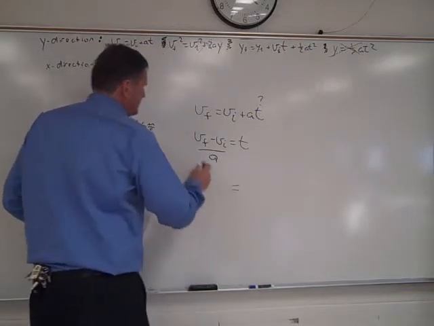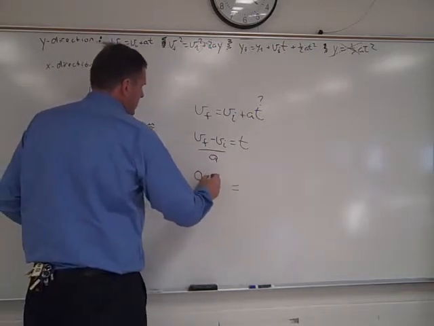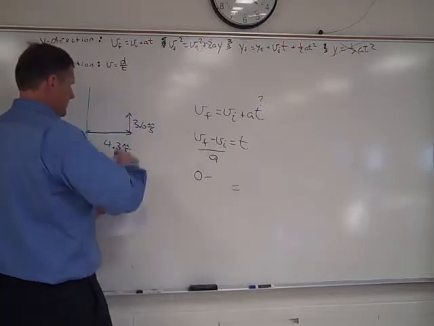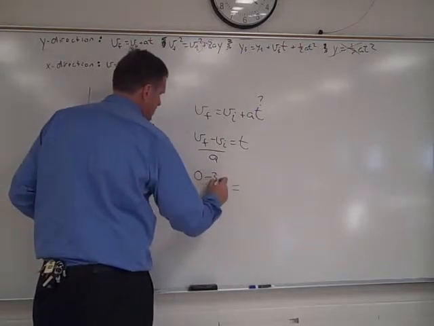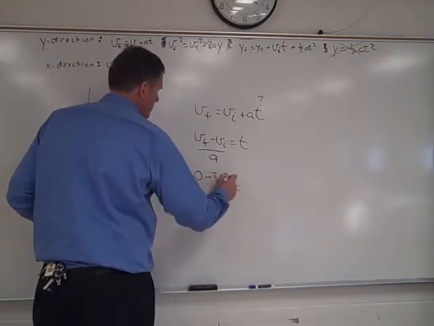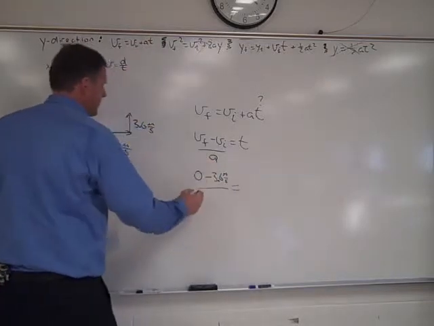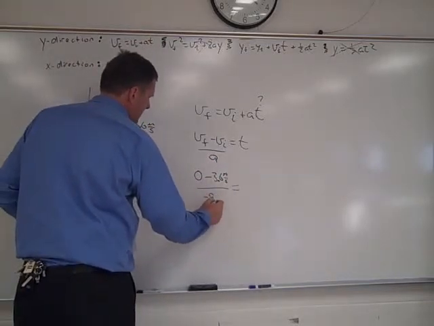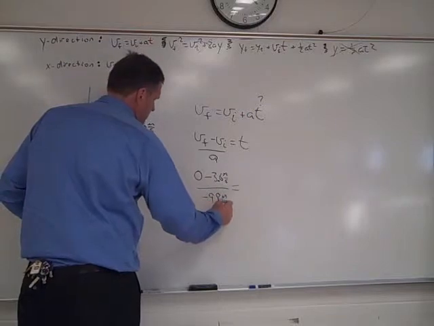So when we put the numbers in, velocity final is 0. Velocity initial, we said, was 3.6. Over acceleration, which would be -9.8 meters per second squared.